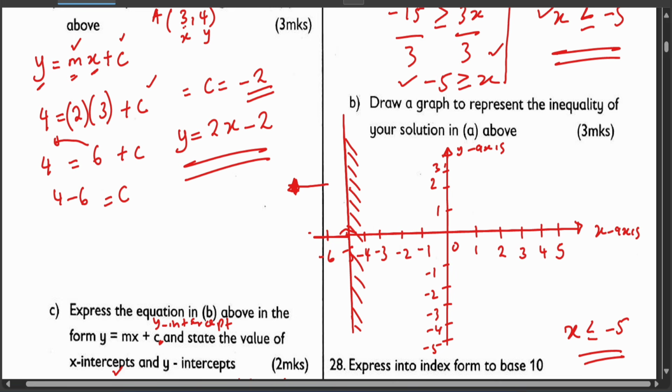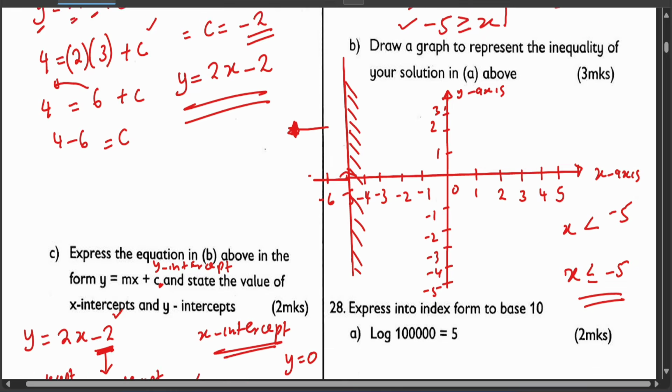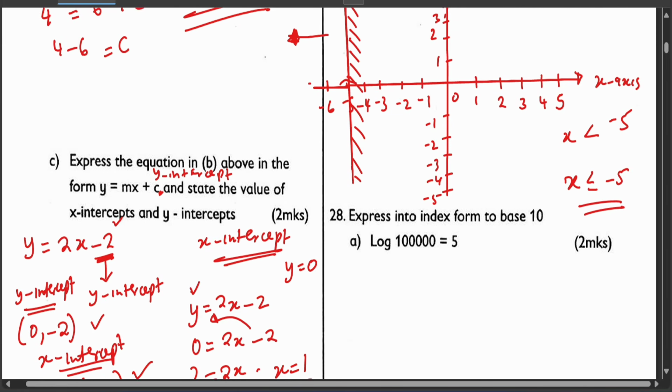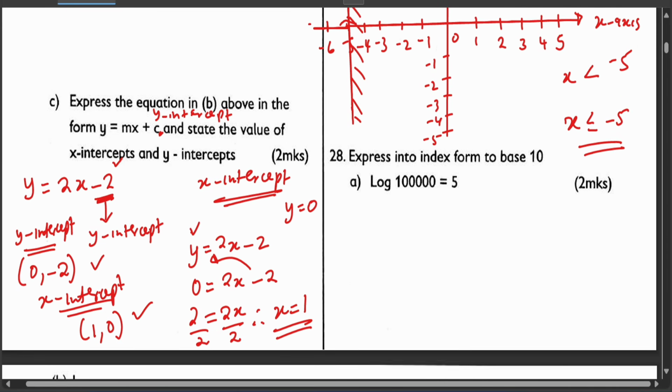So your x values can include -6, -7, -8, etc., as long as it's less or equal to -5. If it is x is less than -5, you usually draw a dotted line. Well, since there's an equal sign here, you draw a full line. So even without a graph, I think I have drawn it well.